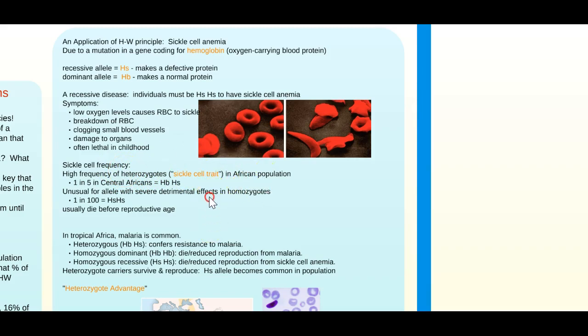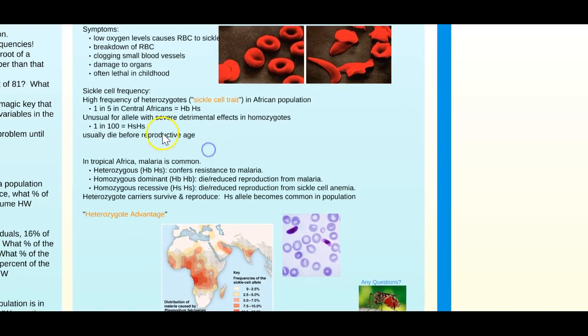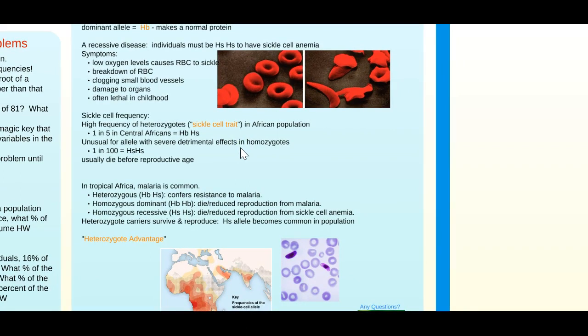In African populations, 1 in 5 Central Africans actually are heterozygous for sickle cell anemia. And this is unusual for an allele with severe detrimental effects. So you would think that natural selection would really decrease the amount of that particular allele, the recessive allele, since it is so harmful.